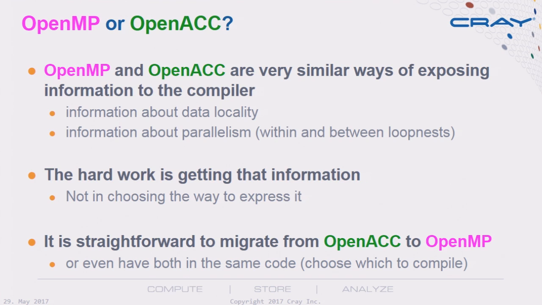The compiler can do that by itself, but most often it's helpful if you give the compiler some hints with the directives how to do that. The hard work is really to get this information, so not always the compiler can do it by itself, and then it's up to you as a programmer to specify this data locality and check if the compiler is doing it right, or provide that to the compiler.